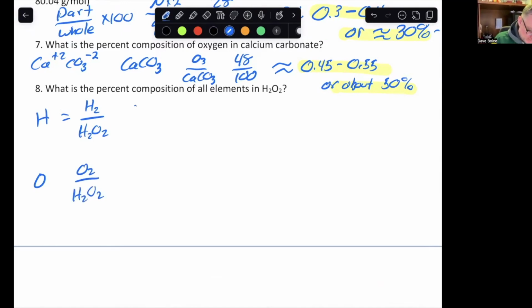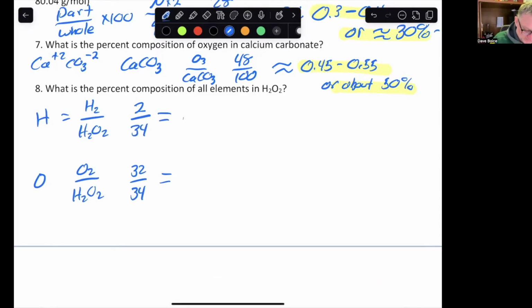And so that's going to be 2 divided by 34, because that's the weight of 2 oxygens and 2 hydrogens combined. And 2 oxygens would be 32 divided by 34. So as you can see, this is mostly oxygen, as the oxygen is much bigger.